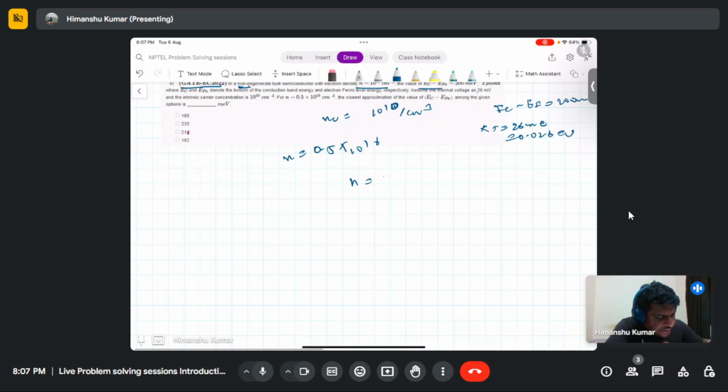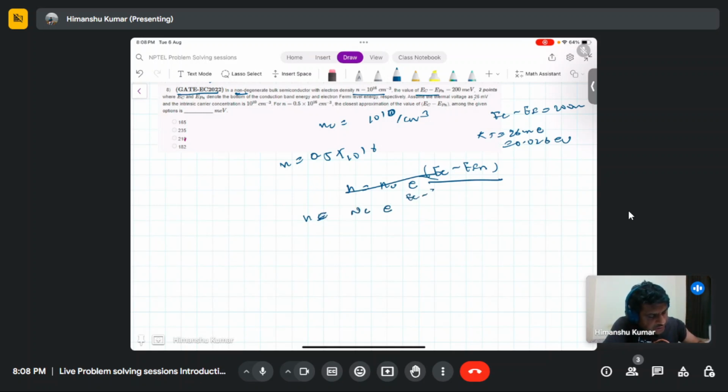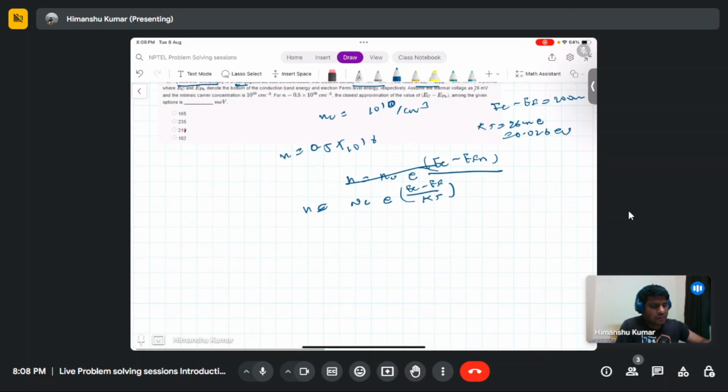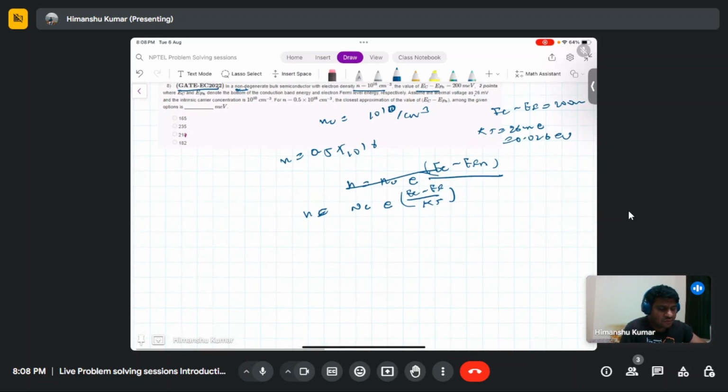You can calculate n as NC exponential of minus (EC minus EFN) by kT. Now it is given that the concentration is changed to 0.5 into 10 power 16.